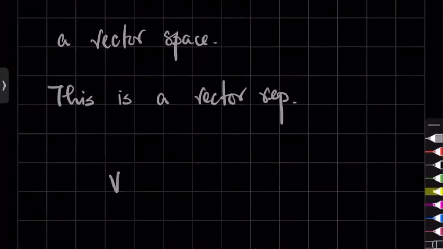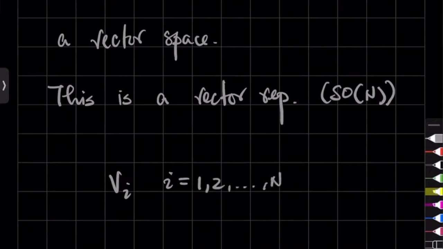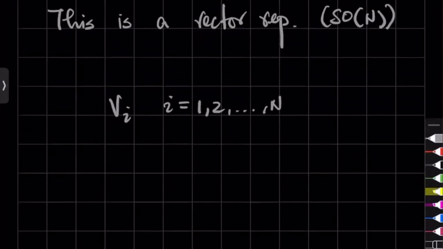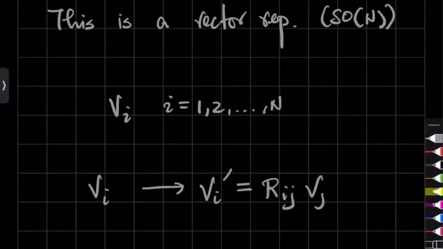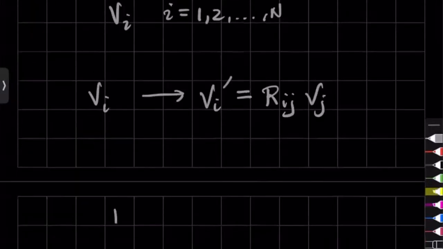Essentially, we have a vector V_i. So for SON, let's go back to SON. We have some vector whose components are 1, 2, ... n. And under our SO3 transformation, the components V_i get changed by a linear transformation like that, where R is a matrix of SON.